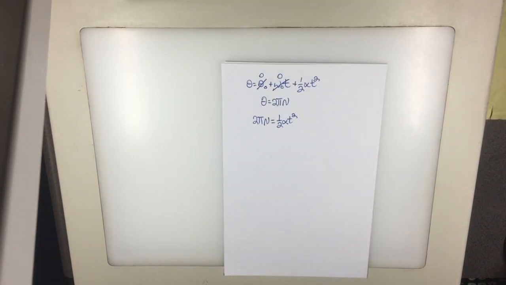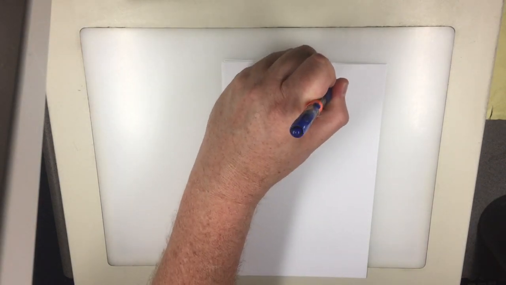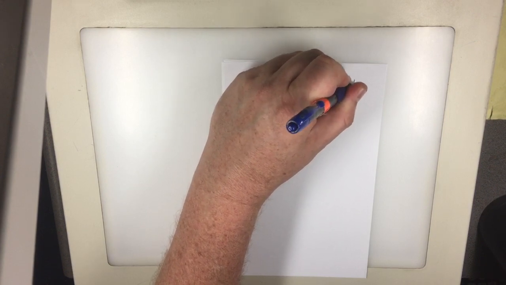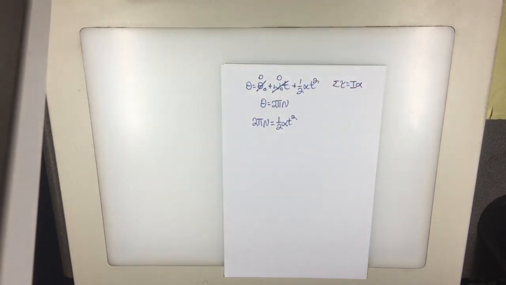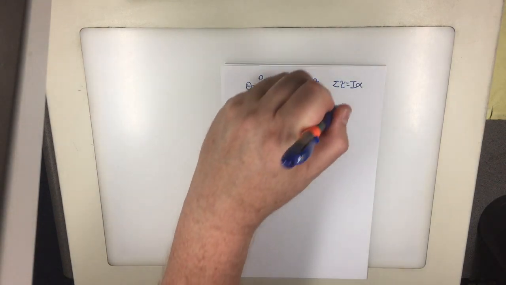So we need that equation. I have time. I have number of rotations. I don't have alpha. Well, the sum of the torques is equal to I alpha. There's only one force producing one torque.